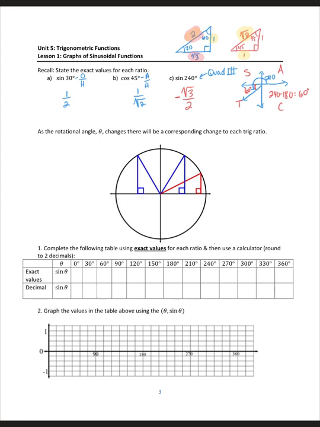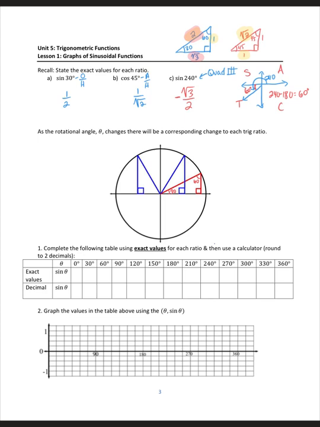So we're going to take a look at this angle theta, and we're going to discuss how it changes corresponding to each trig ratio. So if I was to set up these triangles, and I was to say that this red triangle was a 30, 60, 90 triangle, I could label the side lengths just like we did above.